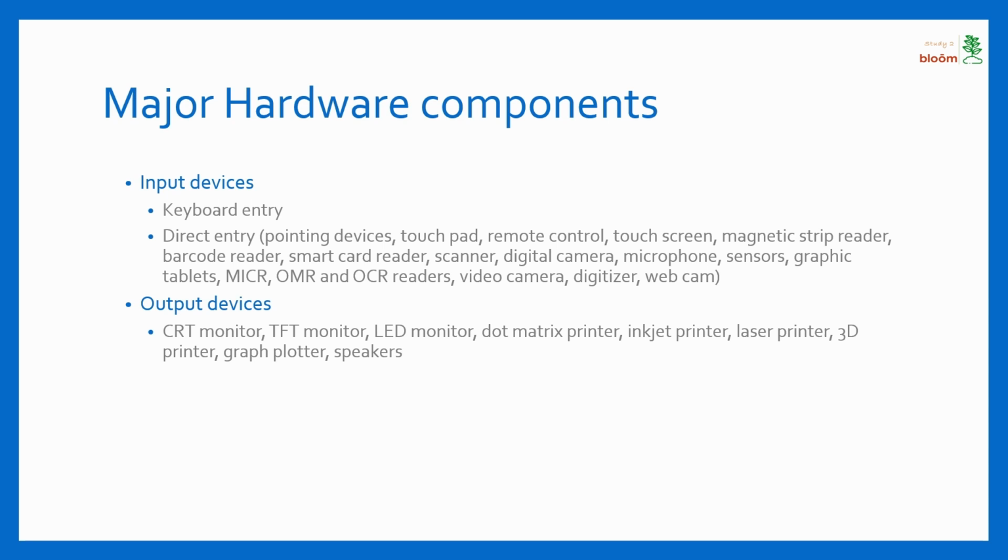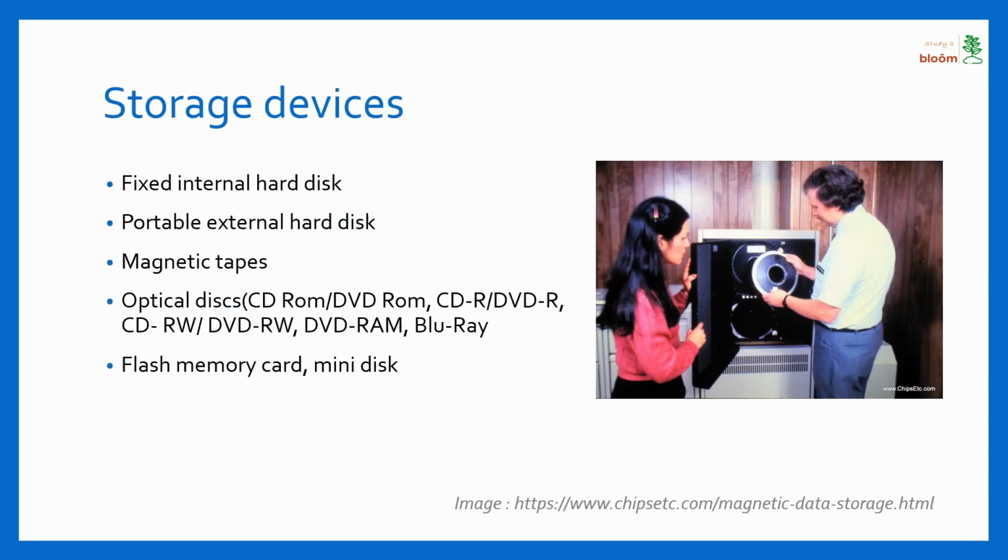Then the output devices are the CRT monitor or any LED monitor, printers, speakers and such. There are different types of storage devices used in computers: fixed internal hard disk, portable external hard disk, magnetic tapes, optical disks, flash memory. Likewise, we'll learn about this in detail in the next videos.